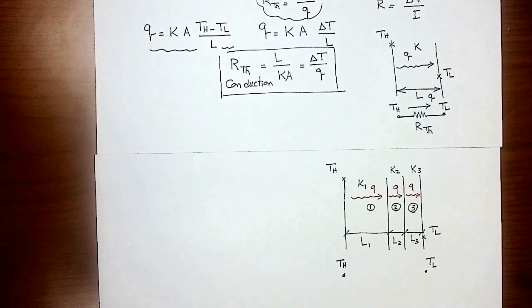Steady state, no internal source of heat generation. So energy in equals energy out. So whatever is going through is going to be constant all the time. Do you recall from the circuit analysis what kind of arrangement of resistances has the same current going through? That's correct.